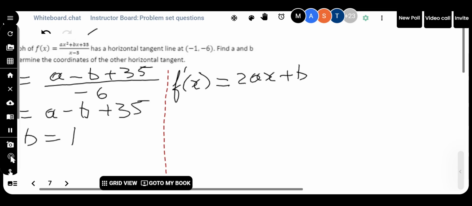times x minus 5, minus, and I'm going to derive the bottom, which is just going to be 1, and multiply that by the top, which is going to give me the ax squared plus bx plus 35.